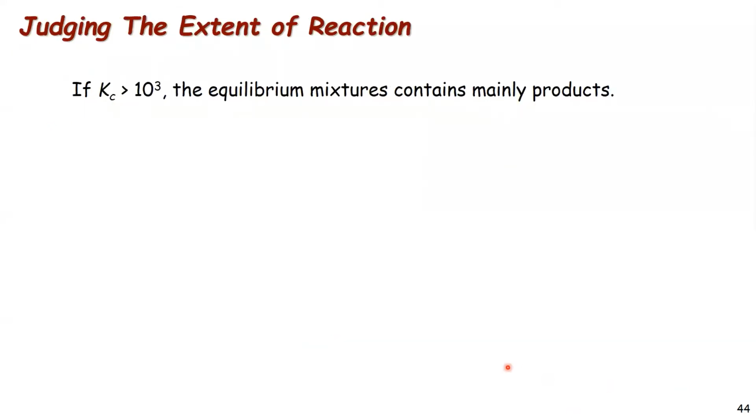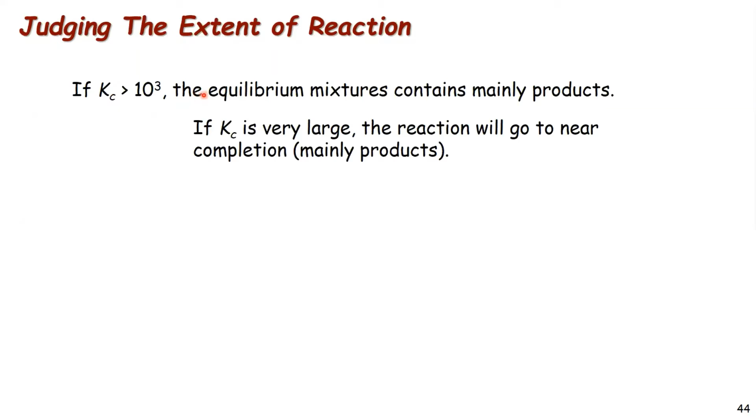Now, if K is greater than 1,000, basically the whole reaction went to products. There is almost no reactants left whatsoever. Very large means mainly products, very few reactants left over.